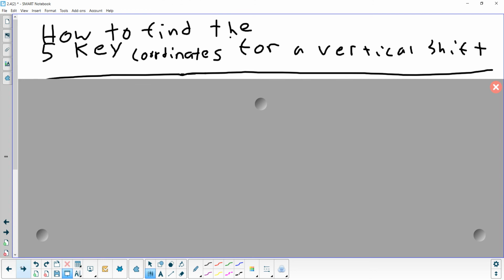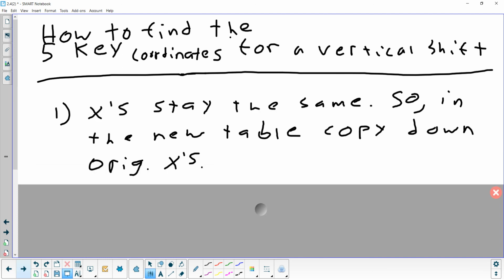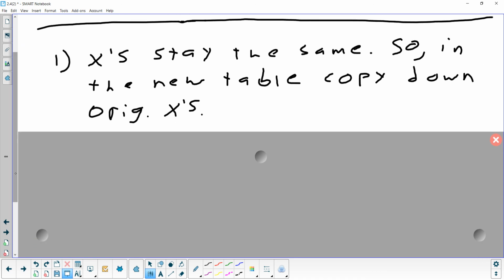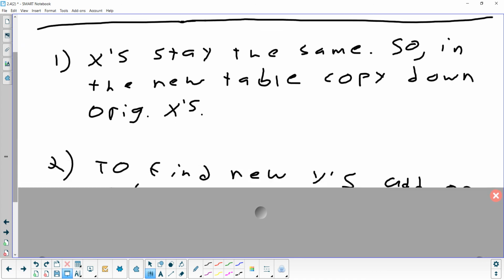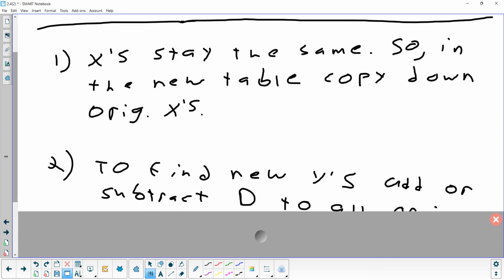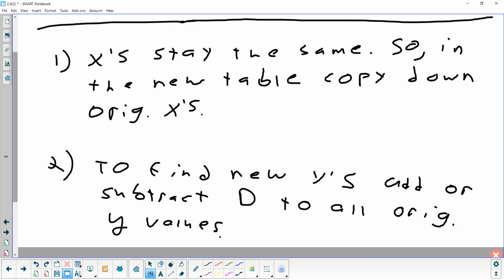Okay, so how do you find your table? How do you get those 5 coordinates for a vertical shift? Well, x's stay the same. So the x's are going to be 0, pi over 2, pi, 3 pi over 2, 2 pi. The y's are going to change. So to find the new y values, all you have to do is add or subtract whatever the number is at the end of the problem to the original y values.